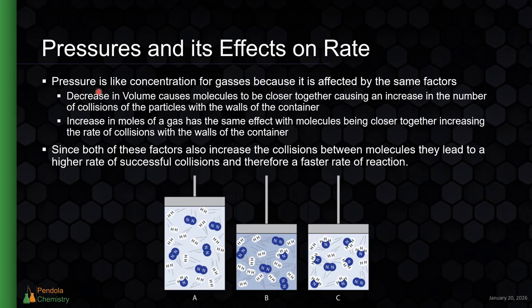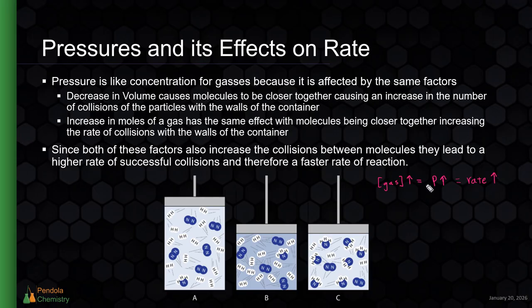So gas pressures and concentrations are one and the same and have the same effect on rate. When the concentration of a gas goes up, so does the pressure of that gas. And when the pressure or concentration of a gas goes up, the rate of the reaction also goes up.